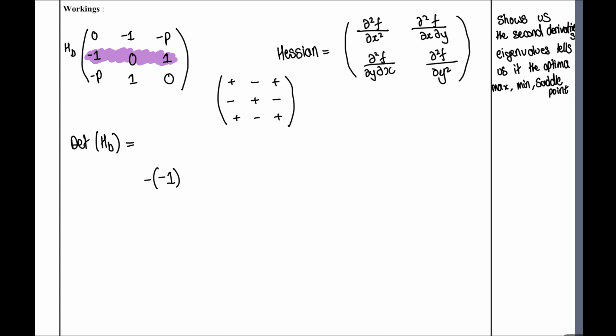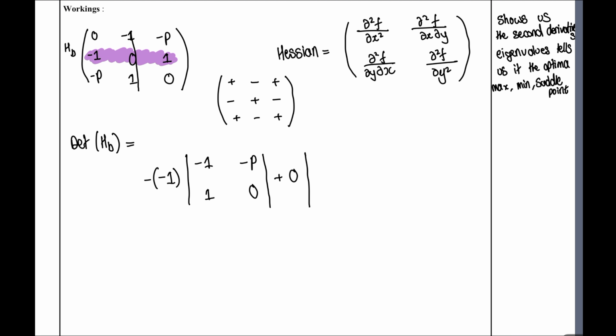So 1 minus -1. The matrix of minors for this entry would be when we ignore this row and ignore this column, and we see what elements are left. So that would be -1, minus p, 1 and 0. Doing the same thing for 0, and it's plus, so +0.